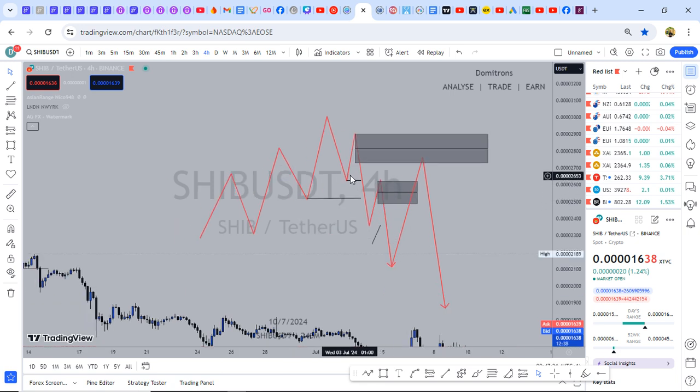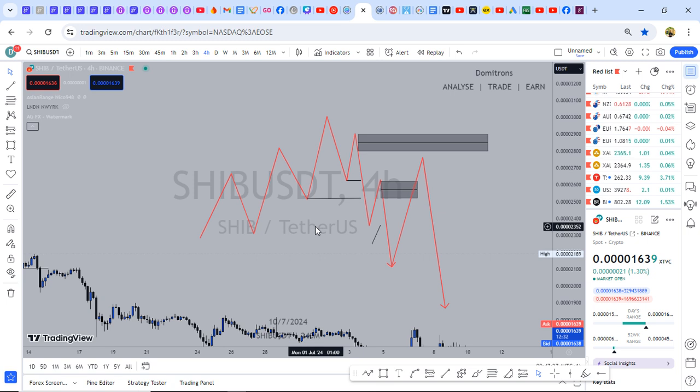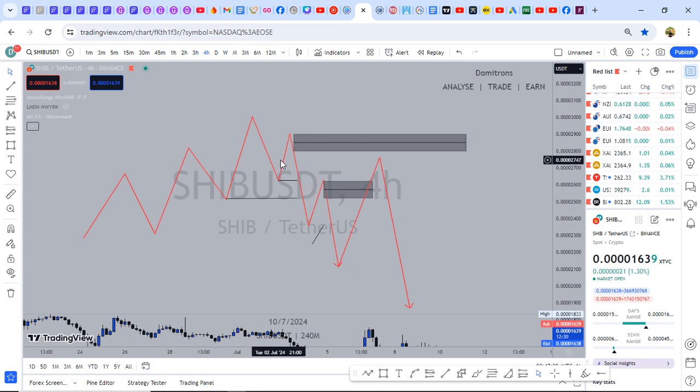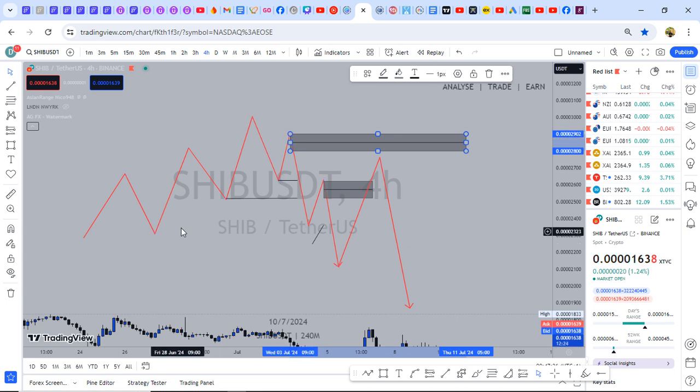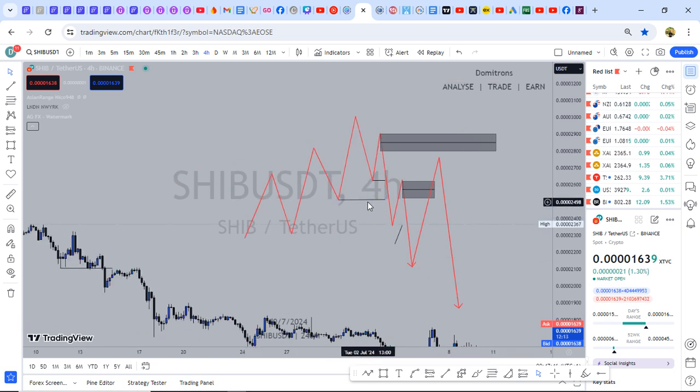I repeat, the reason why my interest is here and not here is because price was bullish, we have a failed high, and this high was responsible for shifting this bullish trend to a bearish trend by changing character and then breaking another bullish structure.